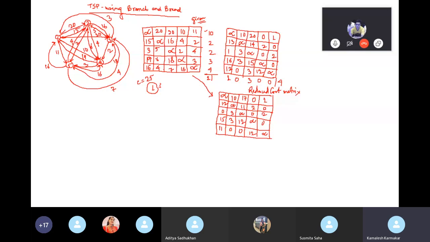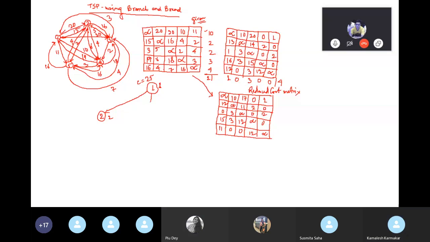If we start from vertex 1, what are the next possible moves? From 1, we can move to vertex 2. Okay, so this is vertex 1. We can move to vertex 2.